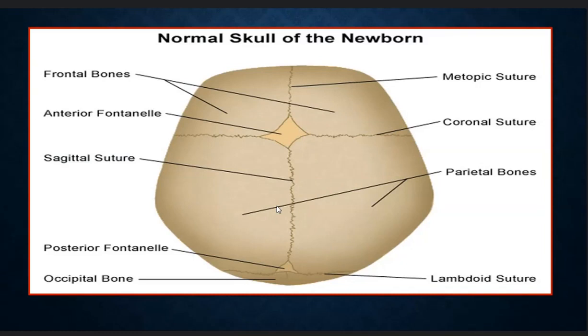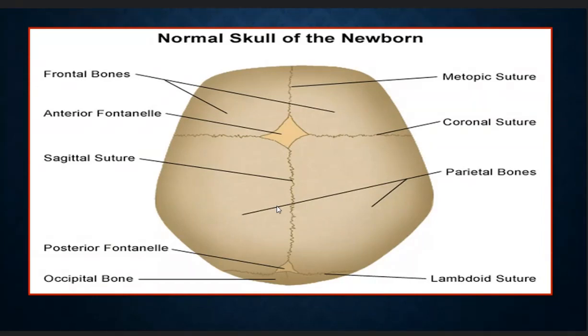Normally, all sutures should close or fuse at an appropriate stage of brain growth. If there is premature fusion of one suture or all of the sutures, this is called craniosynostosis.